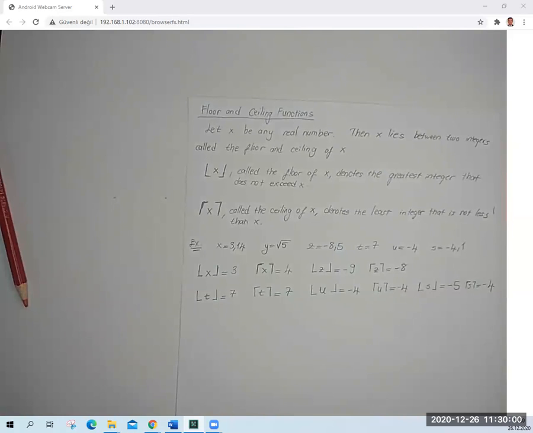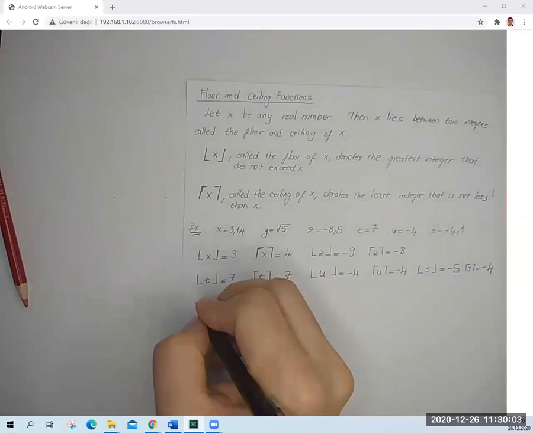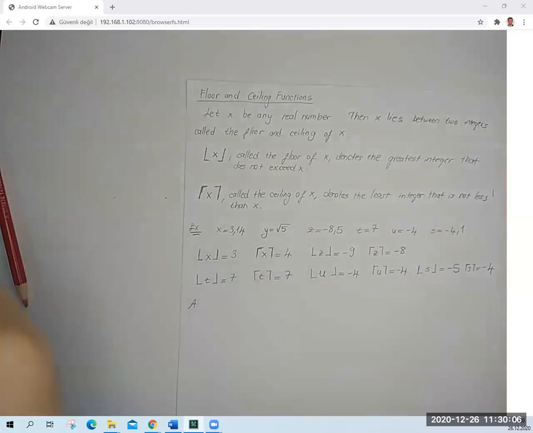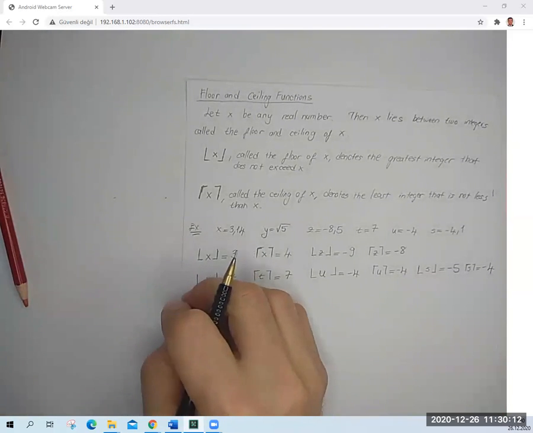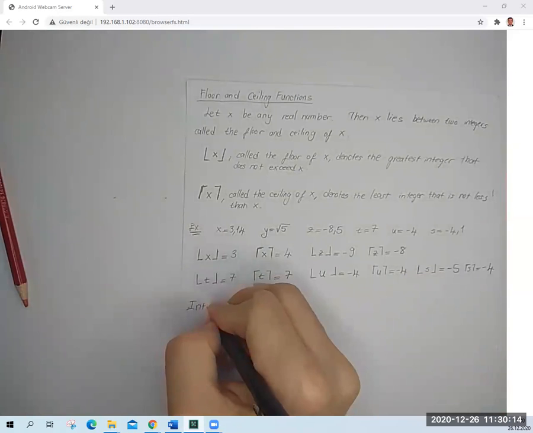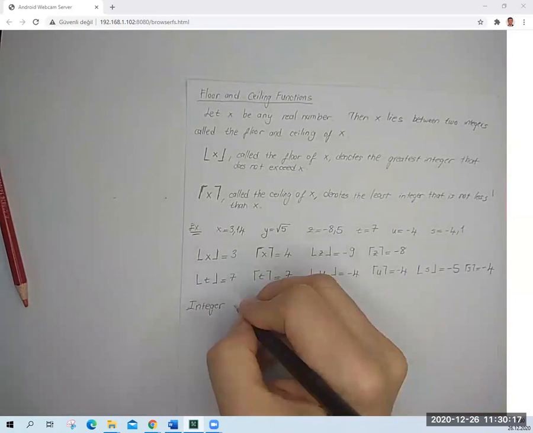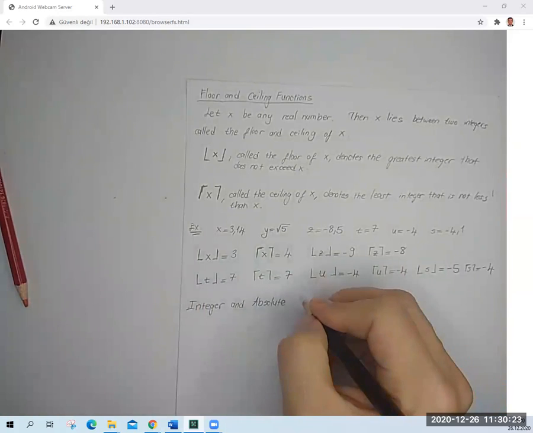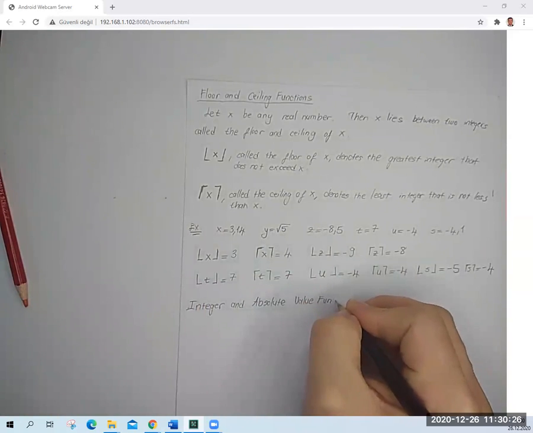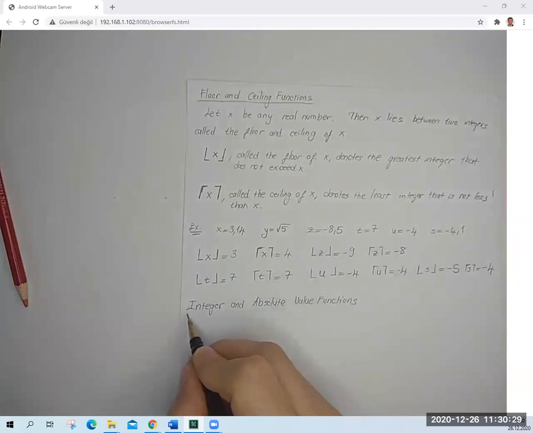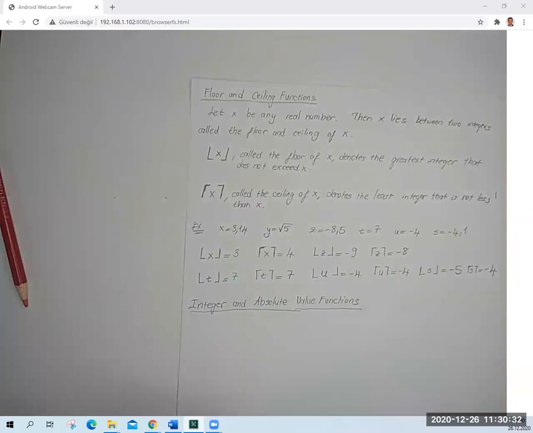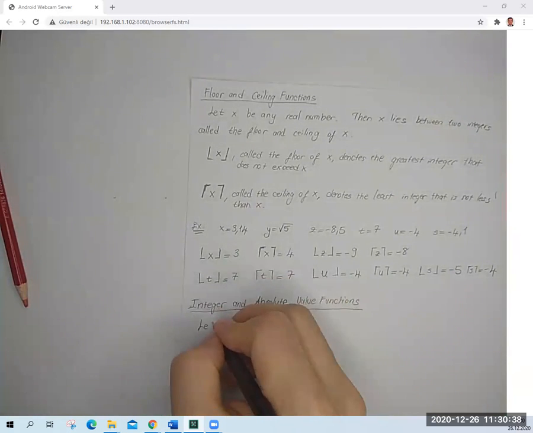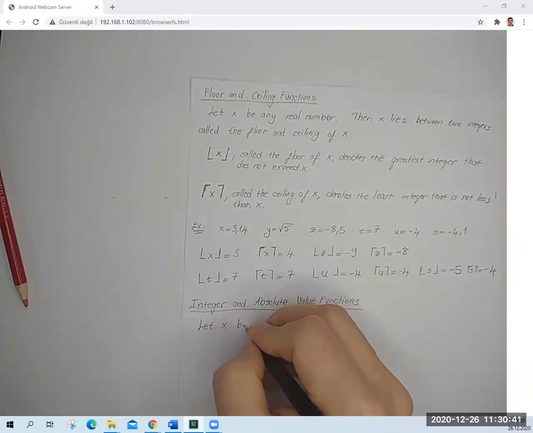And there is also the absolute value function, or you can say there is the coding side as an integer, or an absolute value function. Again, there is the x value, any real number.